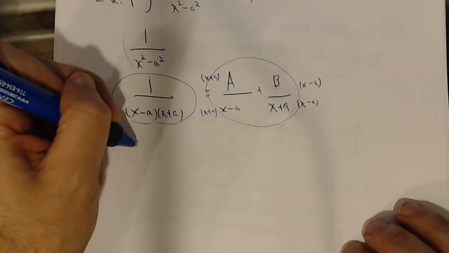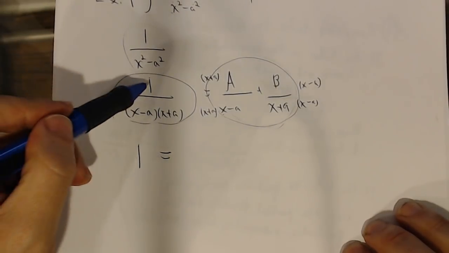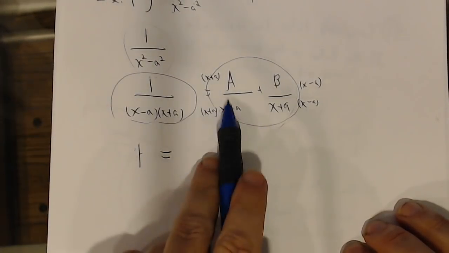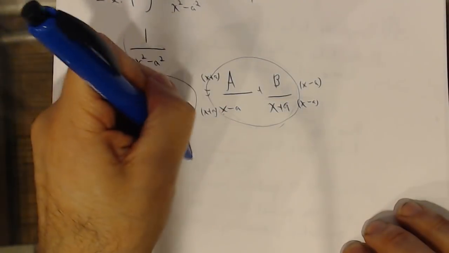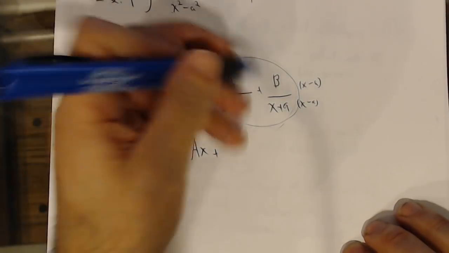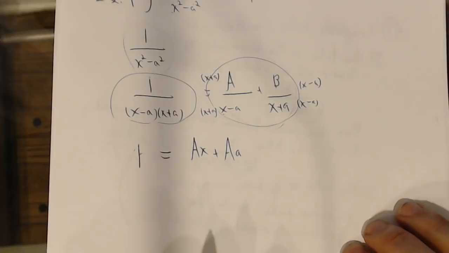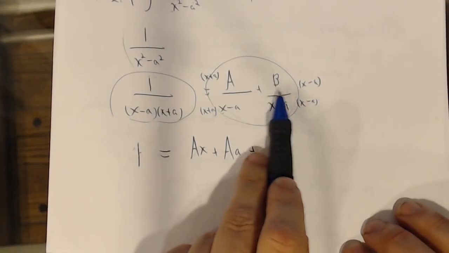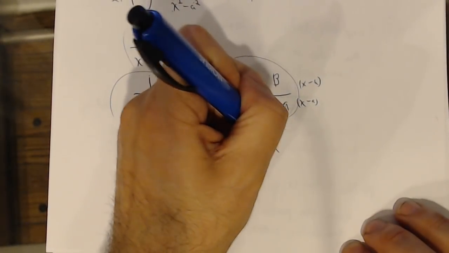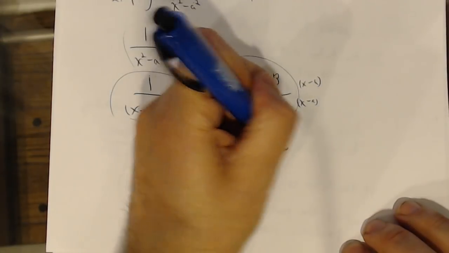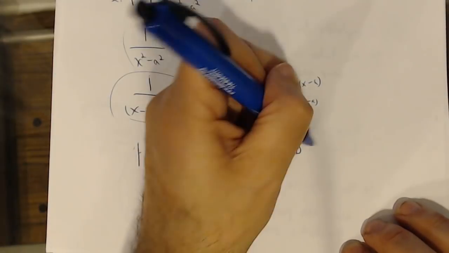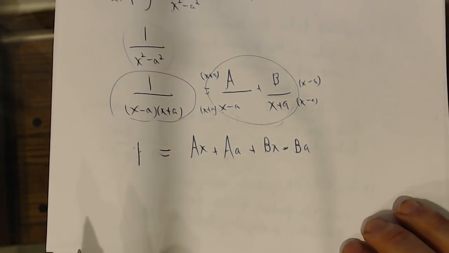So I'm going to say 1 equals, because the 1 is the numerator of the left side, capital A x plus capital A lowercase a, and then plus, distributing, capital B x minus capital B lowercase a.